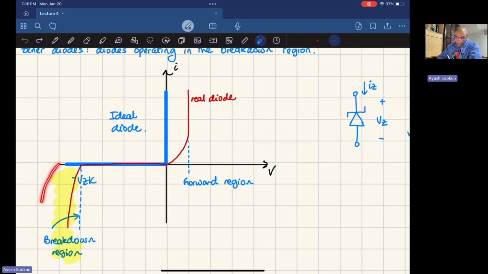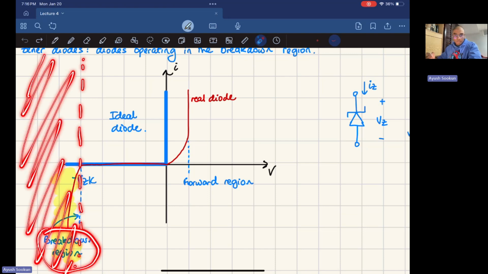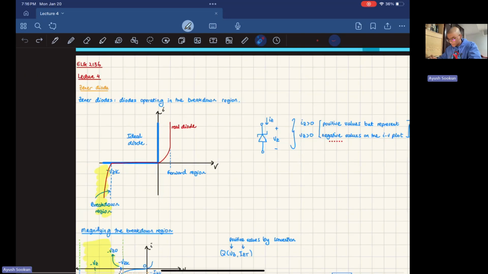This highlighted section, to the left of minus VZK, is called the breakdown region, and this is where the Zener diode actually operates.